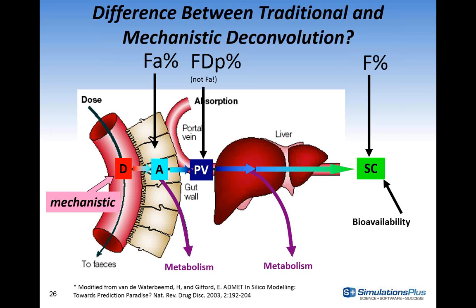Once the drug gets into the portal vein, then of course it can be extracted with first pass extraction, saturable or linear clearance in the liver, and then finally the drug will enter systemic circulation. So by using this mechanistic deconvolution, instead of looking at the systemic circulation, we're using the model to back out what the in vivo dissolution rate is and correlating that to our in vitro dissolution rate. That's really the power of the IVIVC methods within GastroPlus: instead of just looking at systemic circulation, it allows you to look at the in vivo dissolution rate.